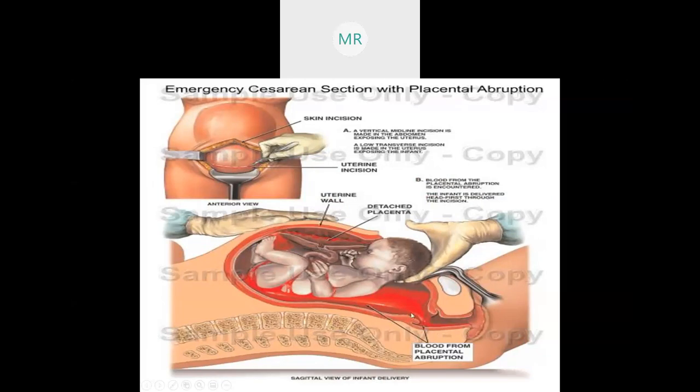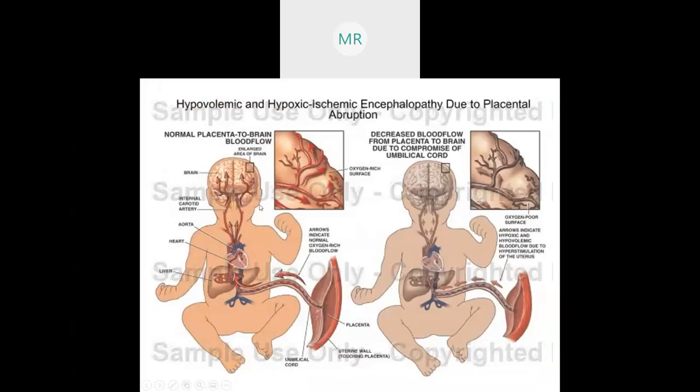This is the blood from placenta abruptio. You could see this baby is cyanotic. Okay, this baby is blue, lack of oxygenation, the uterine wall, the detachment of the placenta when this baby's coming out. There's a lot of bleeding going on here. Okay, and then this is a great picture that I always like to show in class as well. This is when all is great and that's normal blood flow to the brain.